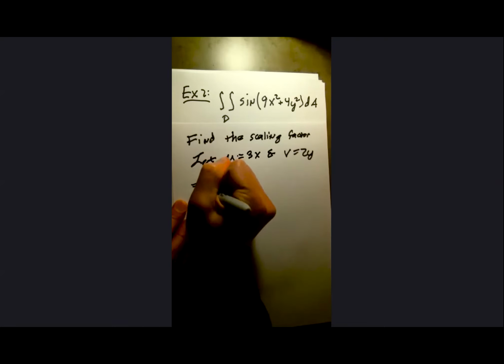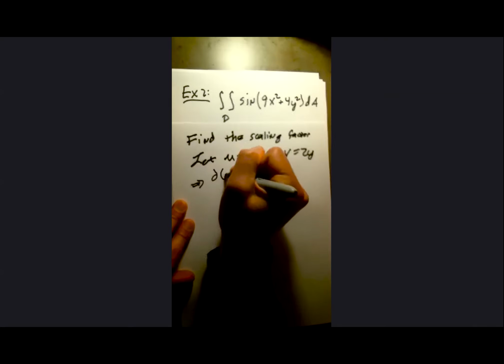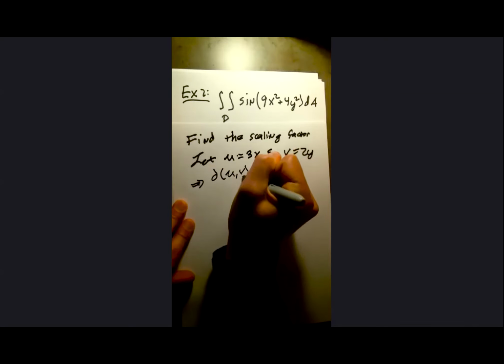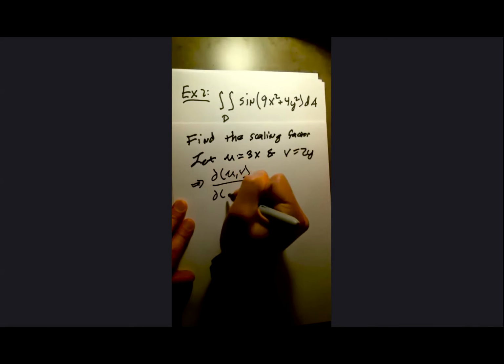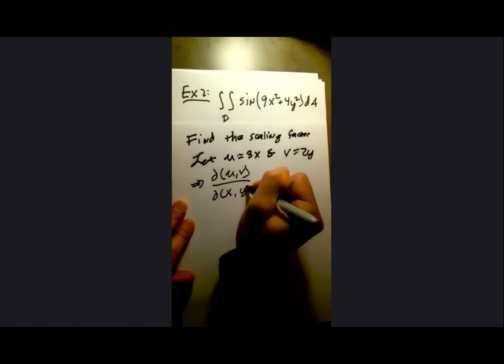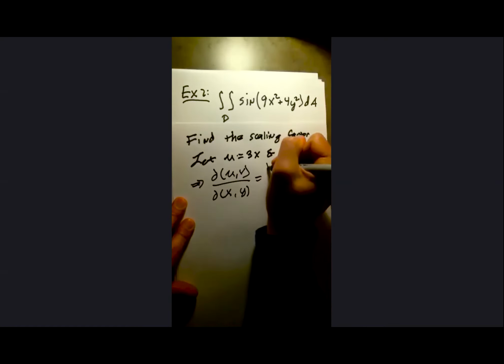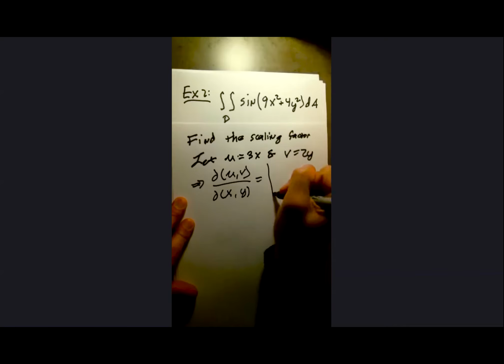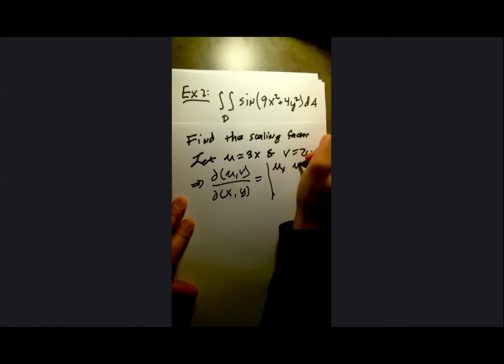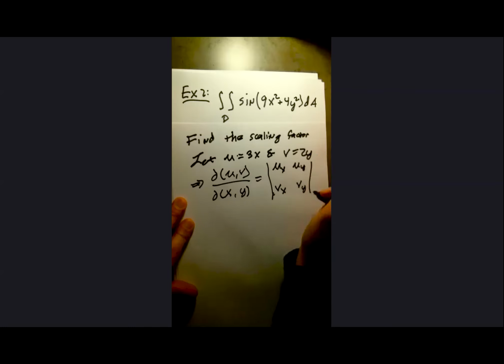So this tells us that the Jacobian of uv with respect to xy is going to be, I'm going to just repeat the formula so you get practice, the partial of u with respect to x, partial of u with respect to y, partial of v with respect to x, partial of v with respect to y.